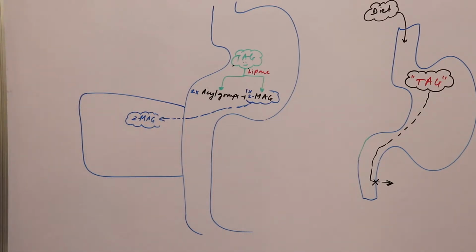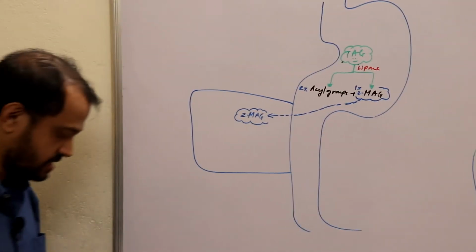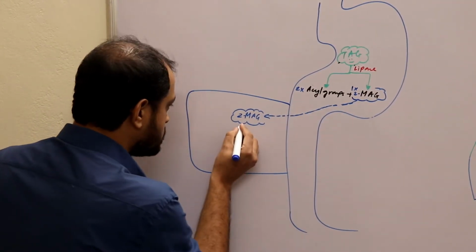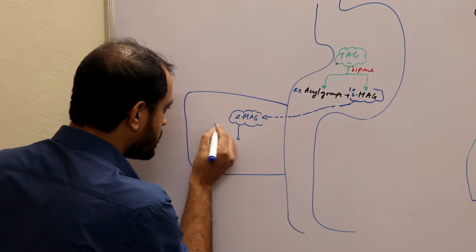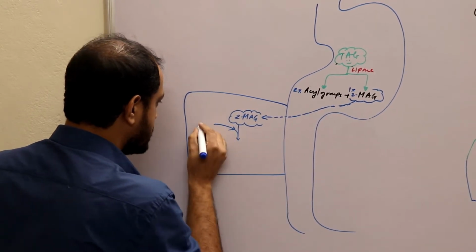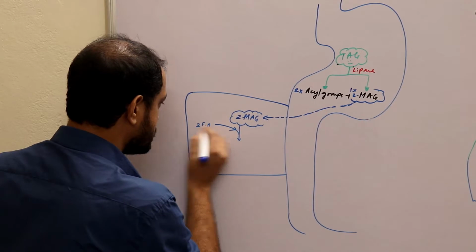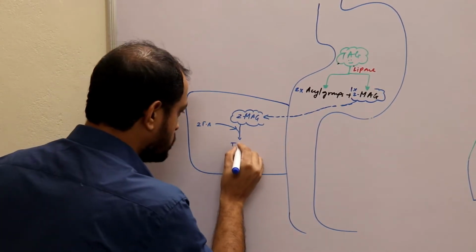Now a very interesting thing happens: within the cell, this monoacylglycerol gets two fatty acids and is again converted into TAG.